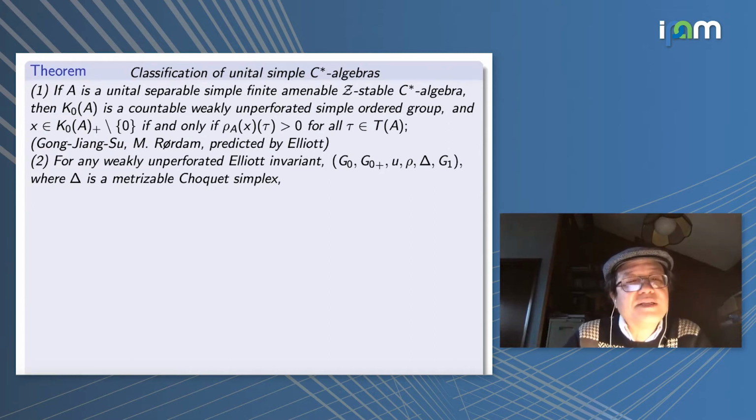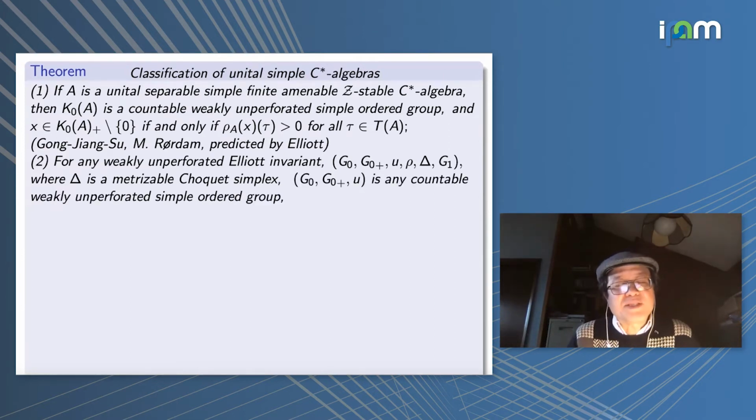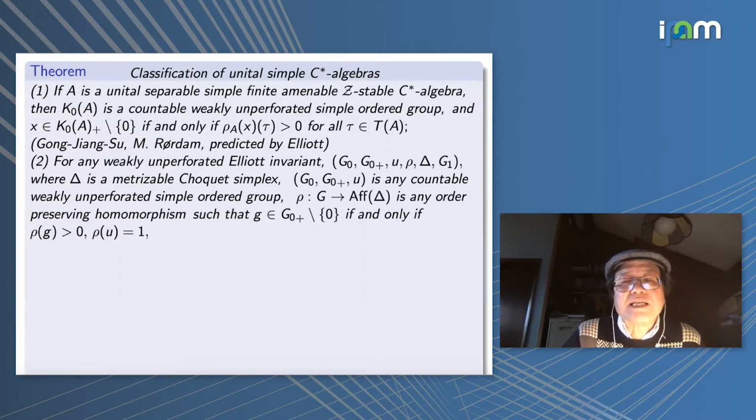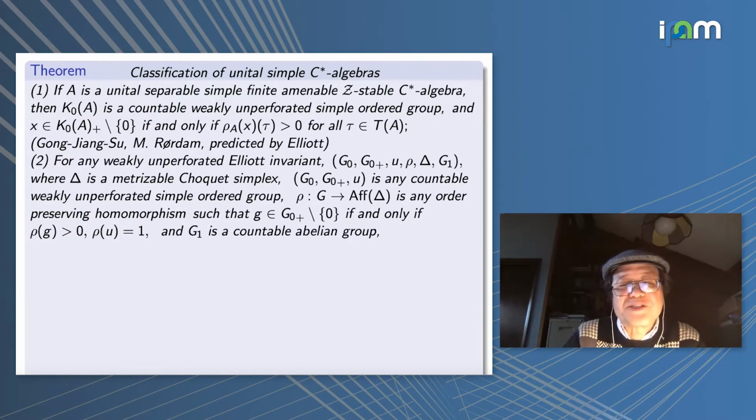So Delta is any metrizable Choquet simplex, G0 any countable weakly unperforated simple ordered group, and rho any order preserving map satisfying this condition, with rho of U equal to 1, and G1 is any countable abelian group.